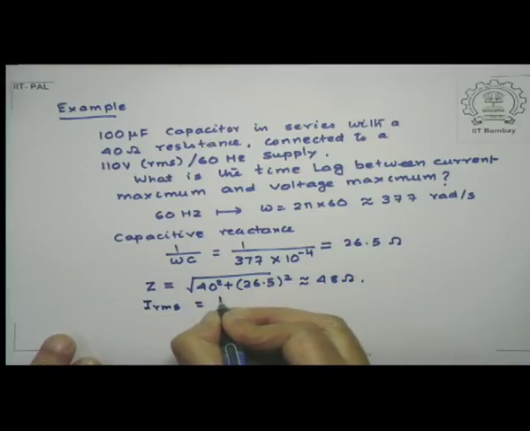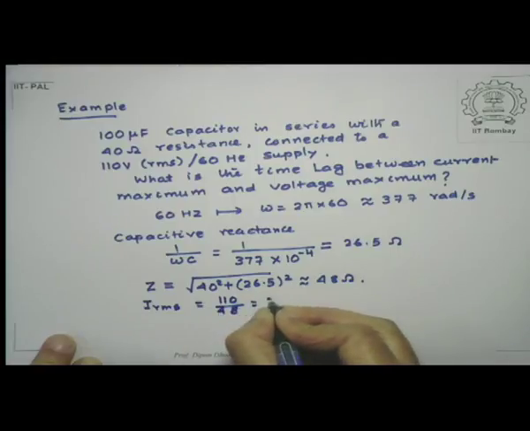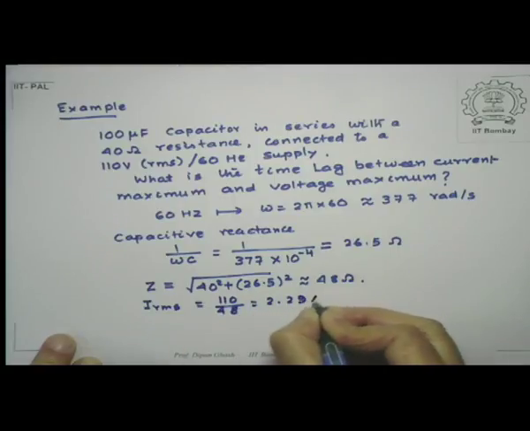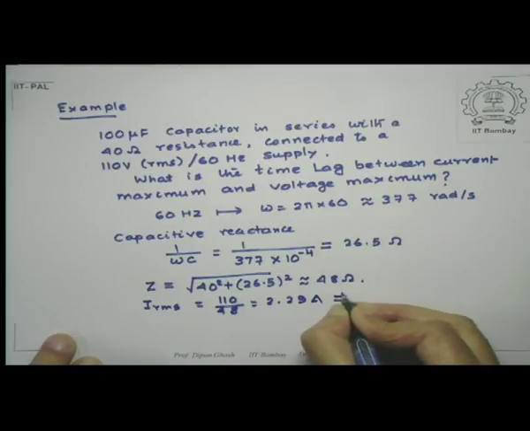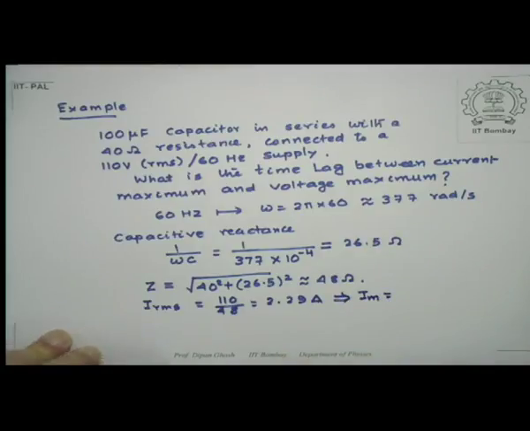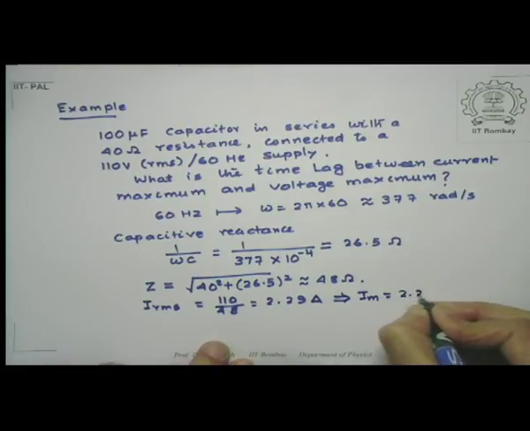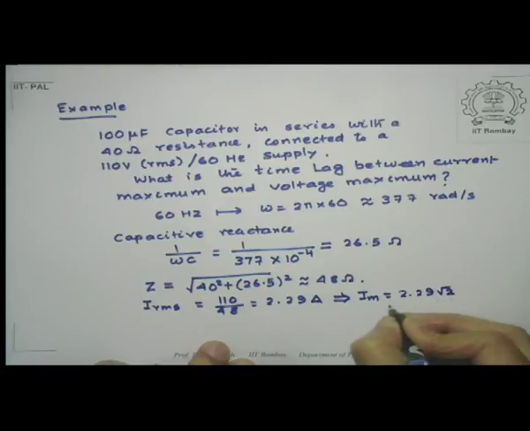So the RMS current is simply 110 divided by 48, which is equal to 2.29 amperes, and this corresponds to a maximum or the peak current, which is obtained by multiplying this 2.29 with square root of 2, and that's equal to 3.24 amperes.